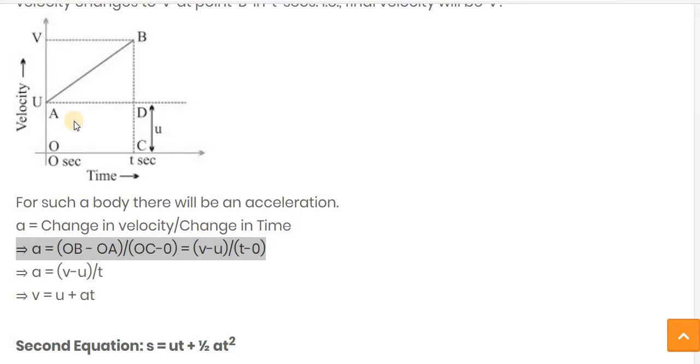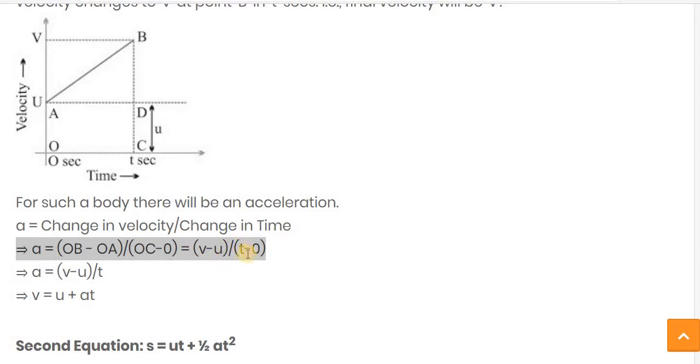Instead of writing BD, we can write that BD is equal to AC minus DC, so that we get BD. If we put all these values in, then finally we get that a is equal to OB minus OA divided by OC minus 0, which is equal to v minus u divided by t.